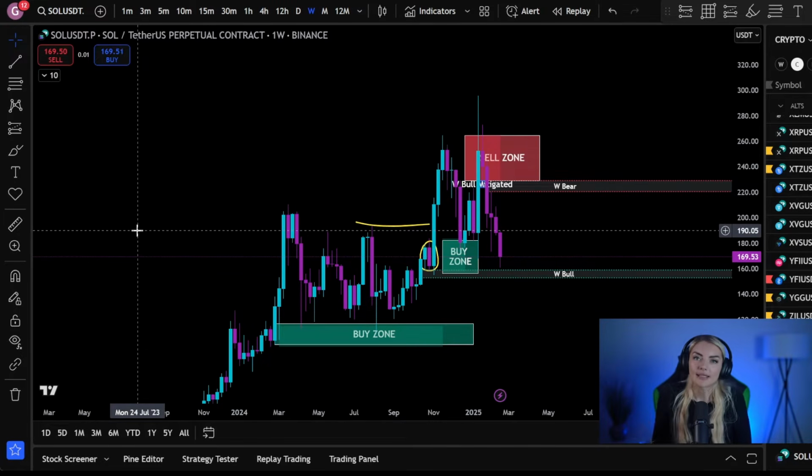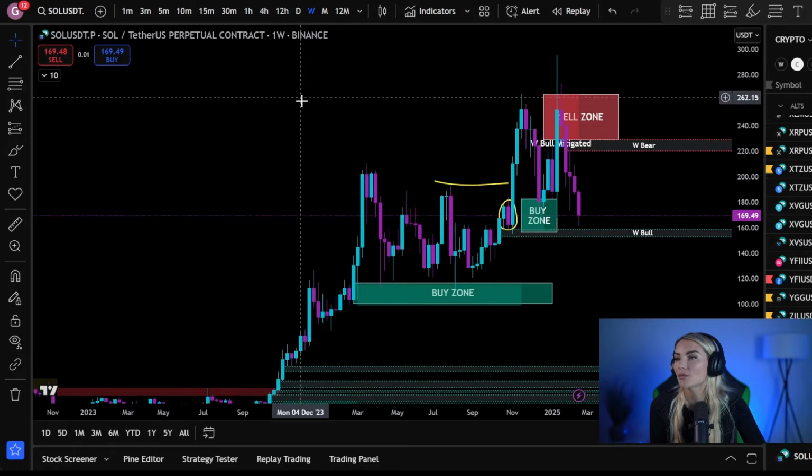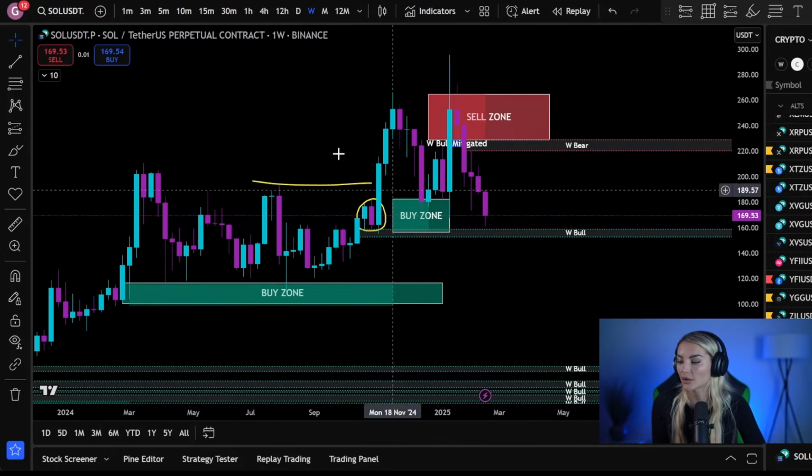The idea is that when price revisits the order block, it could trigger the buy or sell orders of those big institutional players that have been left stuck in that bearish or bullish candle before the big move to the upside or to the downside. This is like the most simple way I can explain it to you guys.